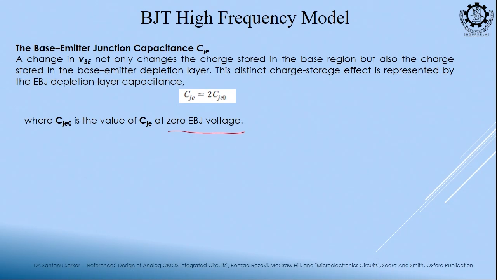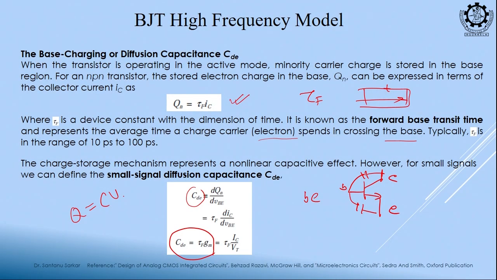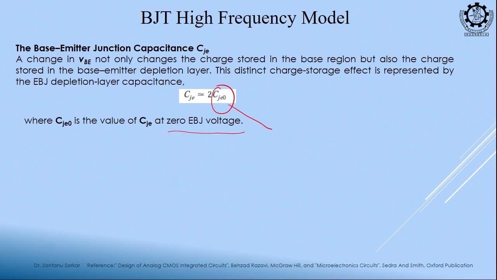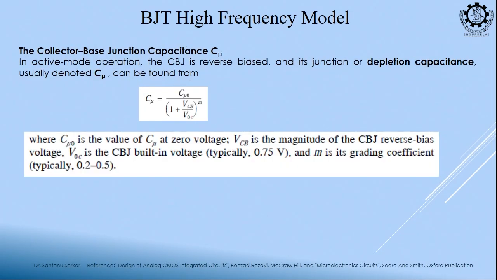This coefficient is generally provided, so you multiply it by 2 and you get the junction capacitance. If we add these two, CDE and CJE, we will get the total base emitter junction capacitance.